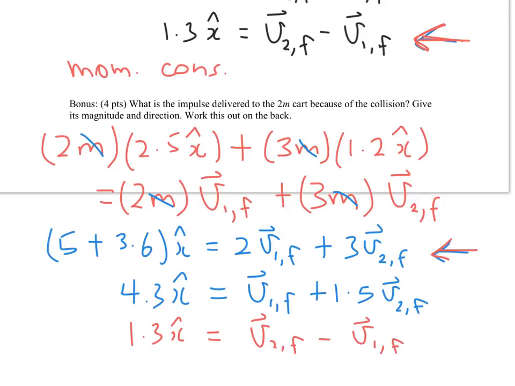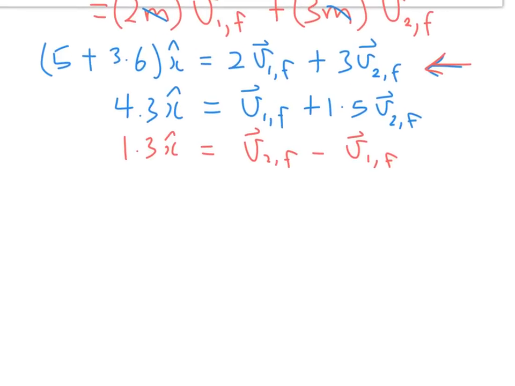Now you can see why I divided by 2 and reduced the equation down. I divided by 2 here to get this equation, and I divided by 2 here to get this equation, because you notice I will do the same trick as before.